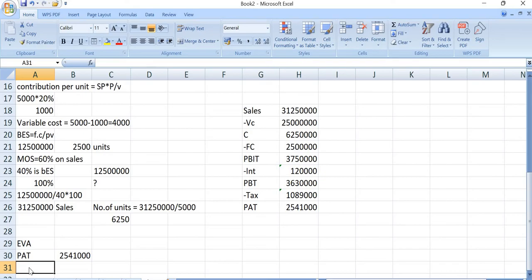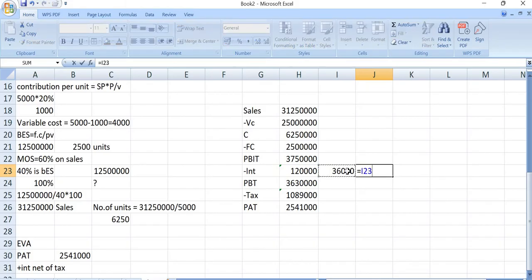Here I will be adding back interest net of taxes. Remember to add net of taxes. That is 1,20,000 net of taxes. Here we will have the tax benefit of 30,000. So I will have a net impact of 84,000. That one only I am going to add here.